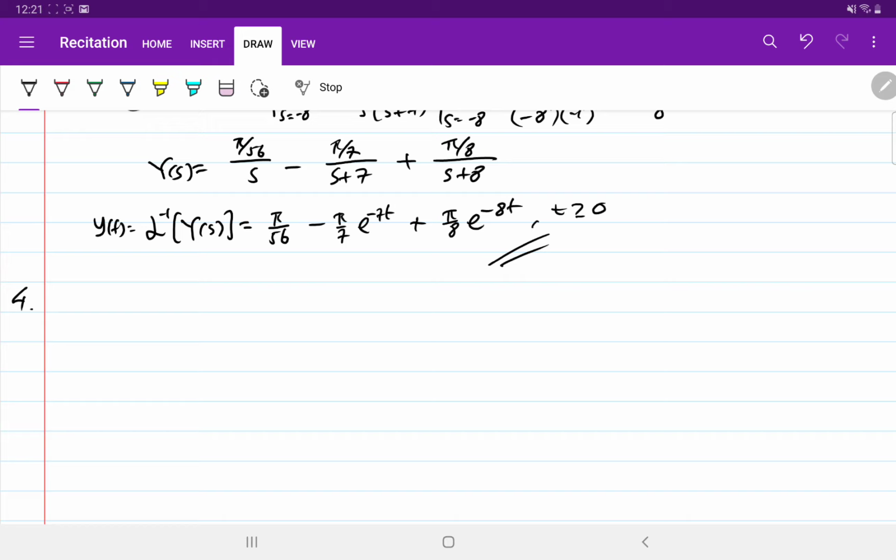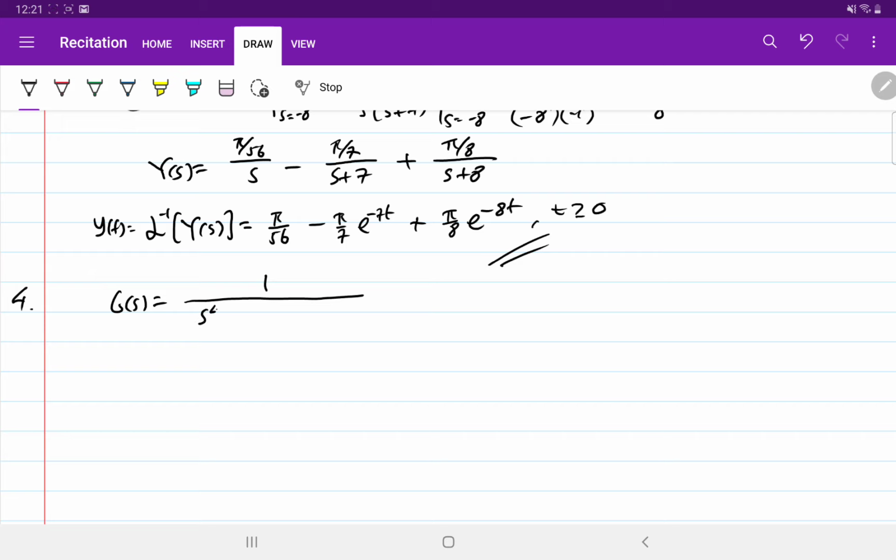So this problem is quite complicated. We need to determine the range that makes the closed loop system stable.